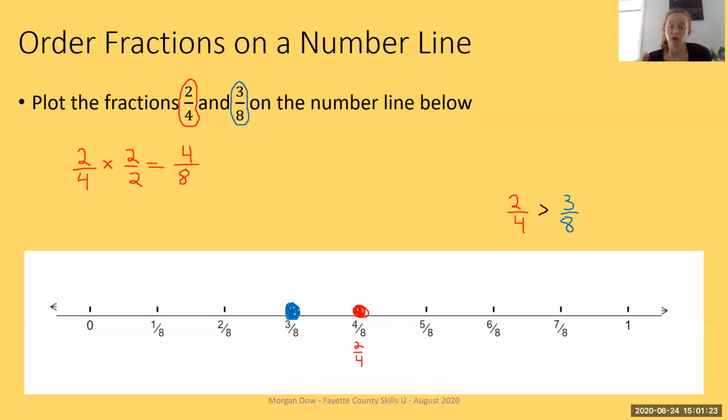And then you can start plotting your fractions on this number line once you know how they match up with the eighths that are shown on the number line. So 3/8, it was easy for us to put it on the number line because we saw 3/8 there straight away. 2/4, we needed to first convert 2/4 into eighths before we could put it on our number line.